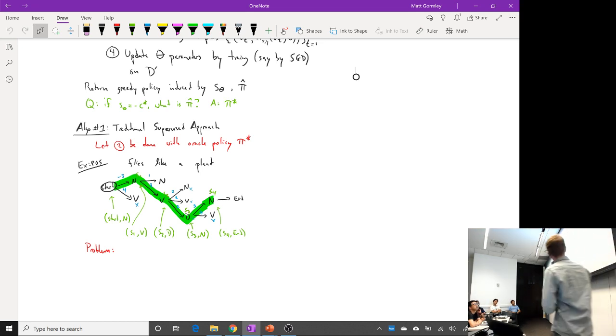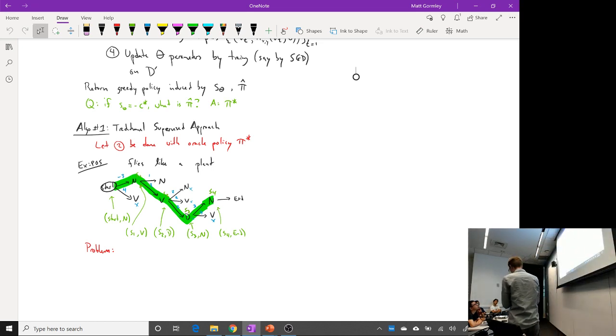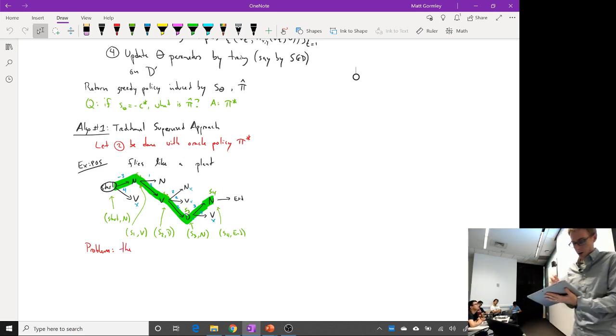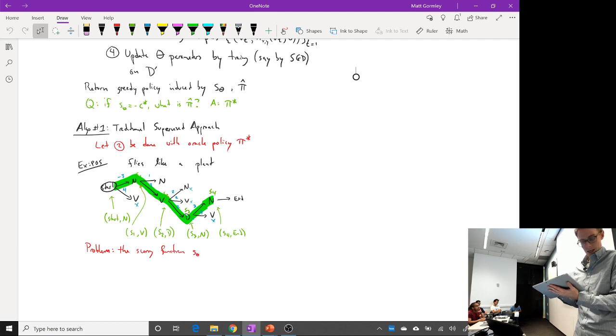Yeah, so in particular, we could say that the model, or the classifier, let's say the scoring function even, meaning S theta, is never exposed to its own mistakes.